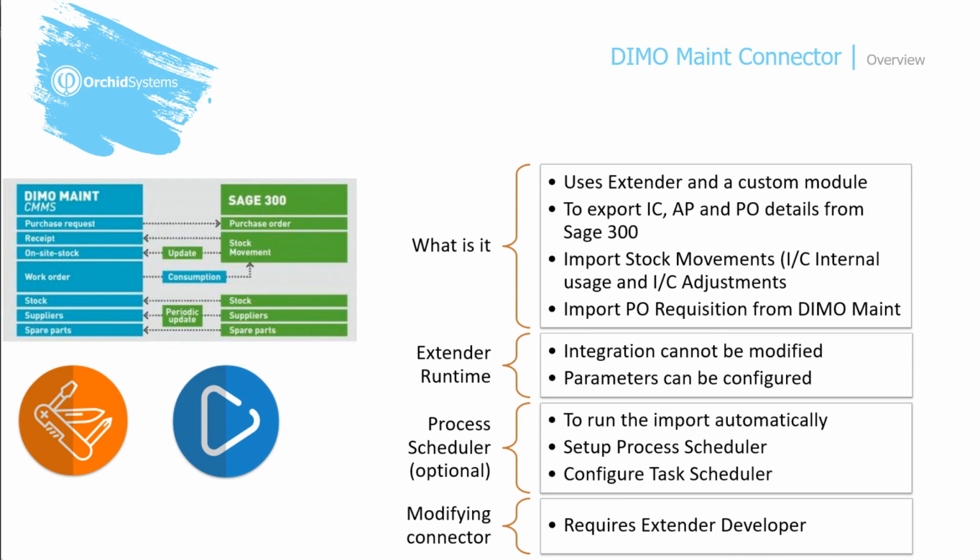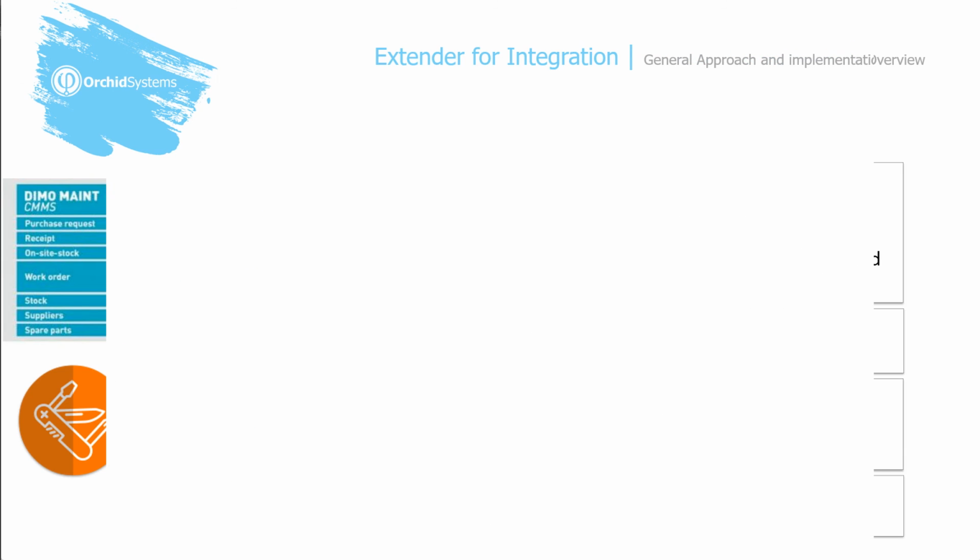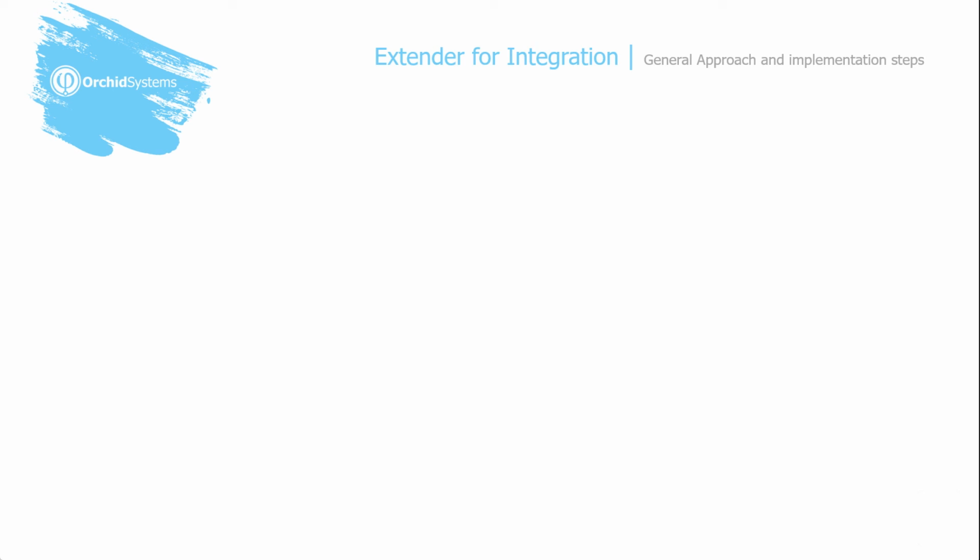This shows you how Extender can be used to build a package, an automated connection between another on-premise solution or a cloud-based solution and Sage 300, to minimize the processing time relating to the maintenance tasks, to reduce the admin overheads, and increase the reliability of the data by reducing duplication and the risk of input errors. In conclusion, we'll share with you a few tips and ideas, general approach and implementation steps for such integration projects.